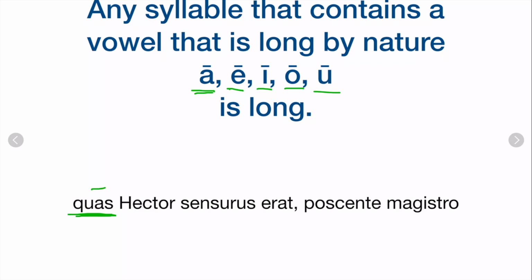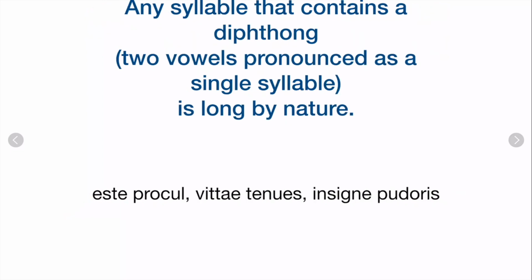Whereas censurus here, well, you should just know that that U is long because that's a future active participle, whereas that U is short by nature because it's masculine nominative singular second declension ending, okay? Whereas this E, right, is ablative singular third declension. Those are short by nature. This O is long by nature because it's ablative masculine singular second declension. So those endings you should know just by heart.